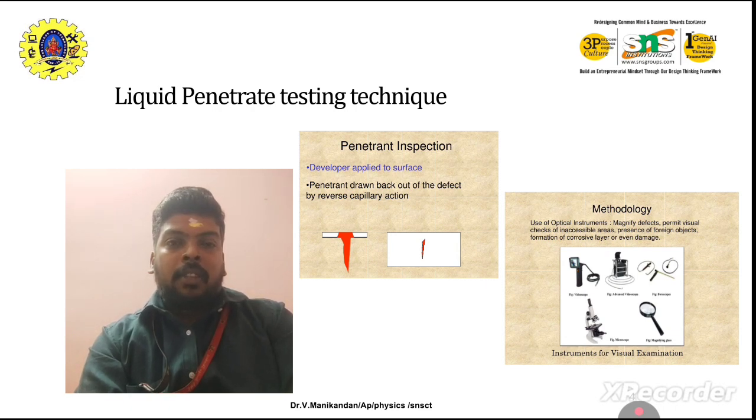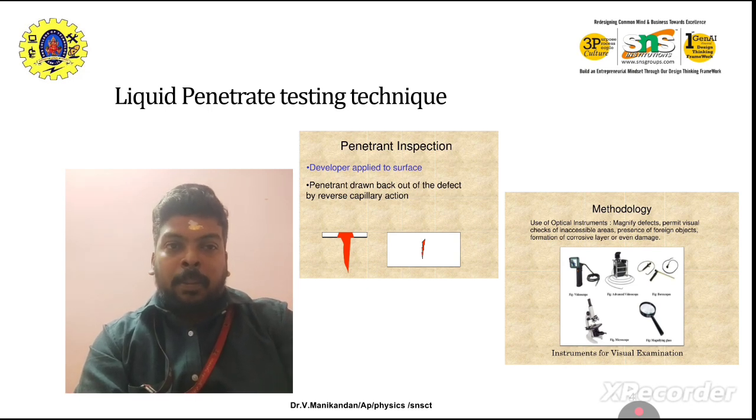Next we apply the developer, which mixes with this liquid and makes it highlighted. We use dyes so that we can easily see where the dye-mixed liquid bleeds back onto the surface, identifying defects, flaws or cracks without damaging the test piece.